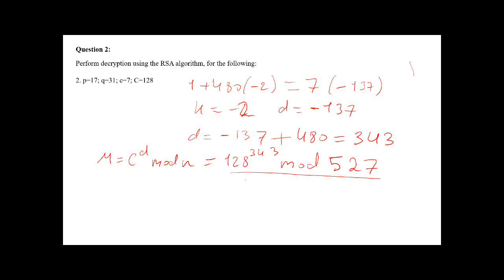So we can just split this into different 128 power 64 modulus 527, or 128 power 32 modulus 527, and we multiply them all together. We do the final multiplication value modulus 527, and we get our final result for the message M. In this case here, this will be equal to 2.